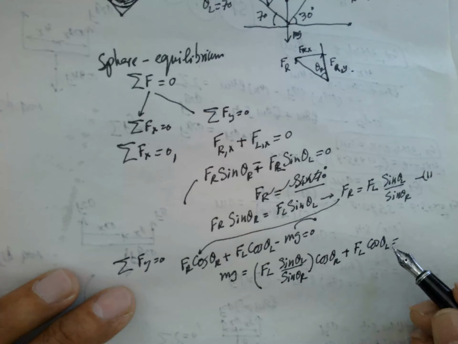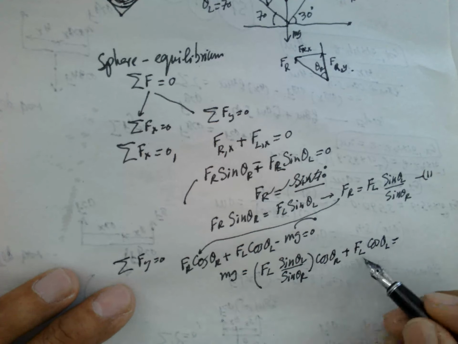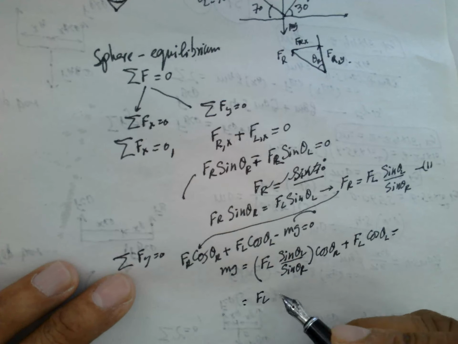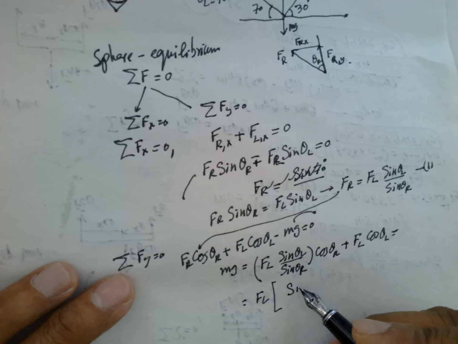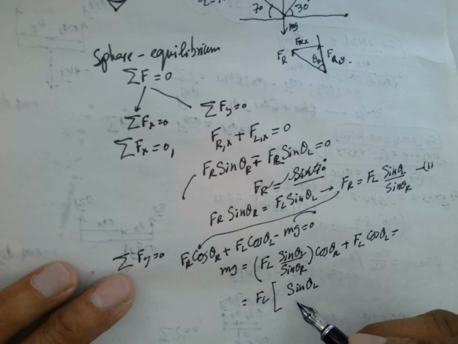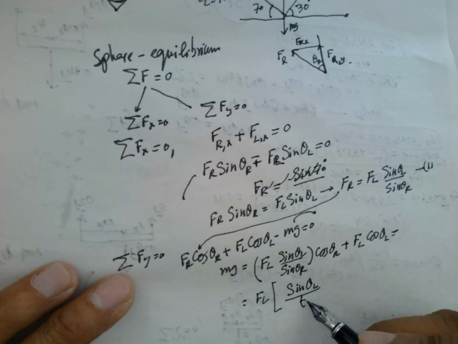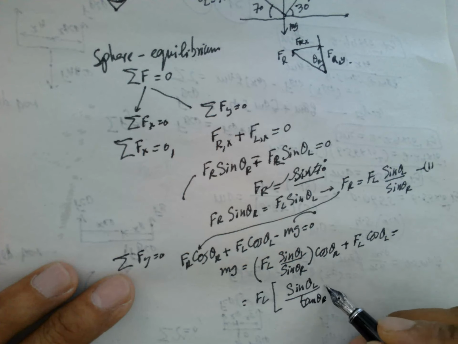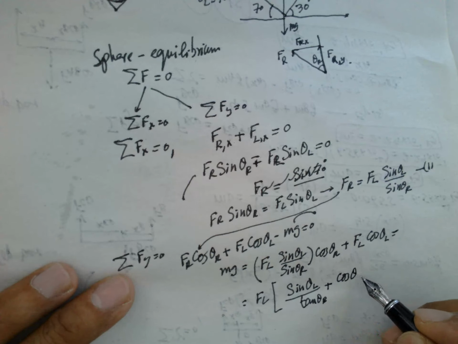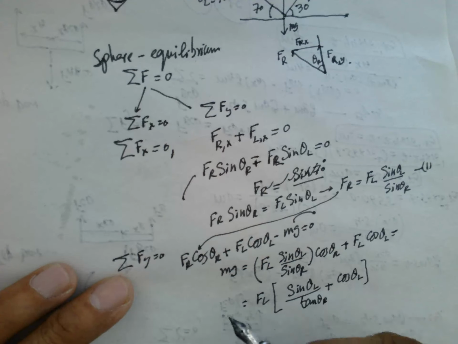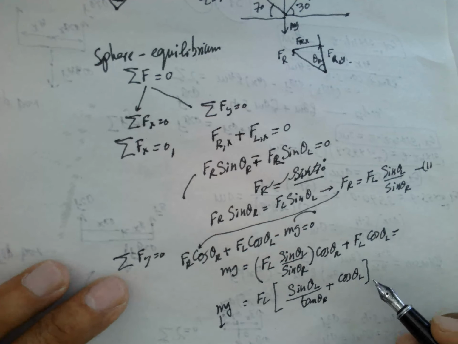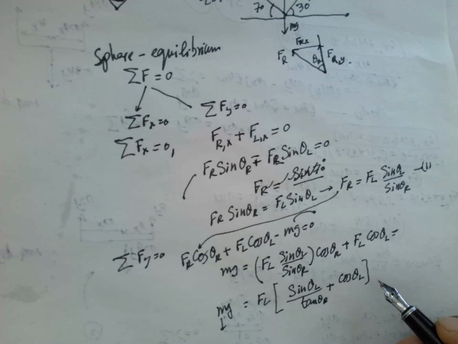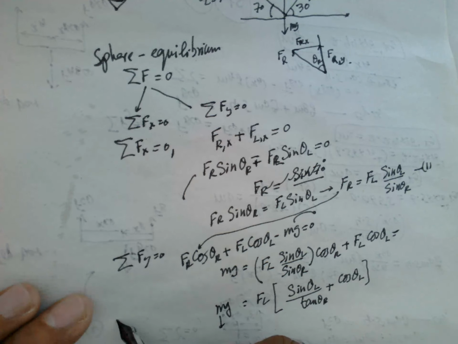F_L is common, so F_L times sine of theta L over tangent of theta R plus cos of theta L is equal to mg. M is known, m is 20 kg.